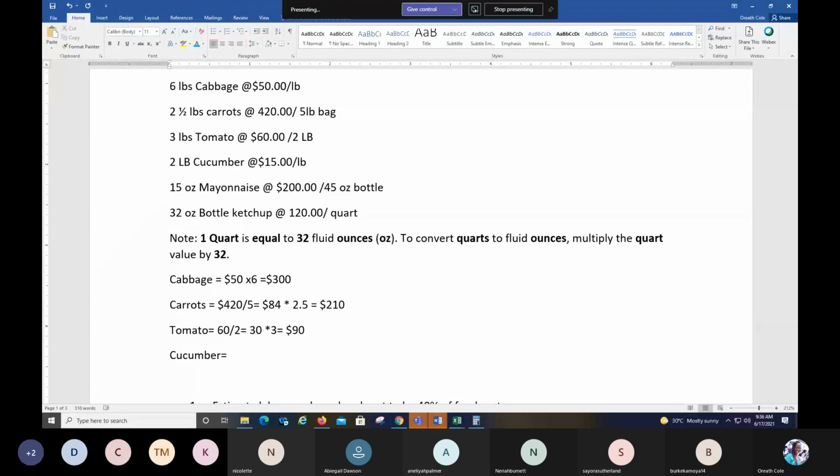I already have the cost for 1 pound, $15 a pound, so I just multiply it by 2. You know it, you just need to practice. So that would give us 30. Yeah. All right, good.